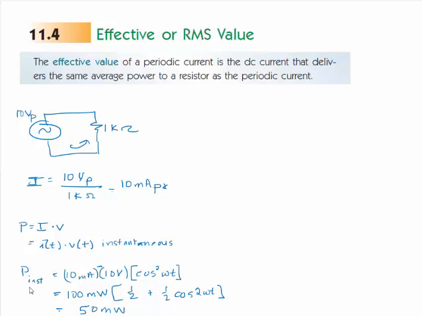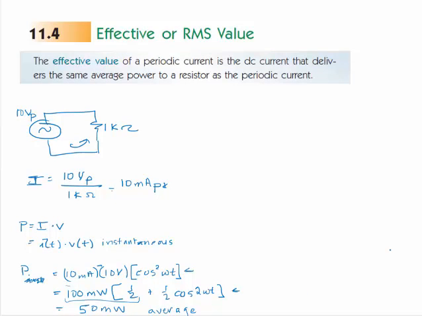I'm sorry, that's not instantaneous, that's actually average. The cosine term is the instantaneous portion, left as a function of time, and this portion right here is the DC portion, or the average. So I correct that there for a moment.